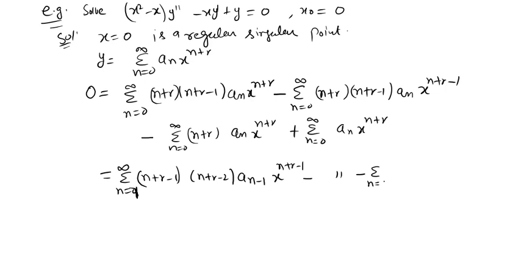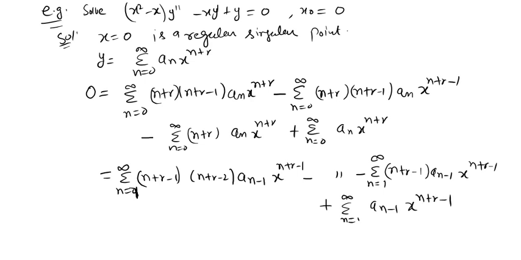So in the third, you write n equal to 1 to infinity, (n plus r minus 1) a(n minus 1) x^(n plus r minus 1). Then the last term, n equal to 1 to infinity, a(n minus 1) x^(n plus r minus 1). So make changes in first, third and fourth.